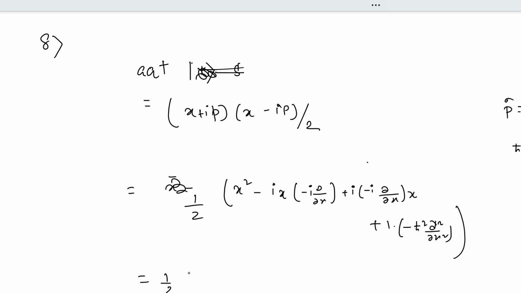So this is half x squared, and then again i squared is minus 1. So this is minus x del x, i squared is minus 1 so this is plus del x x, then minus h cut squared del 2 del x2.